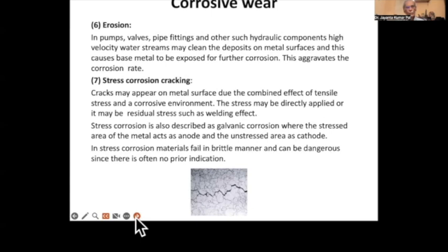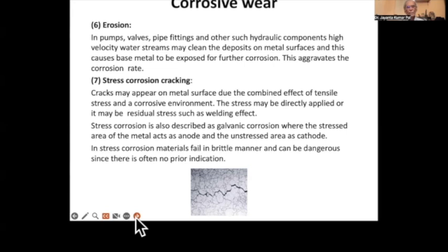Erosion, erosive corrosion. Now, there are many components in thermal power plants or elsewhere where there are high-speed fluids, say pumps, valves, pipe fittings, and other such hydraulic components where there are high-velocity fluids. And these, of course, will clean the metal surface, and this causes the loss of base material.